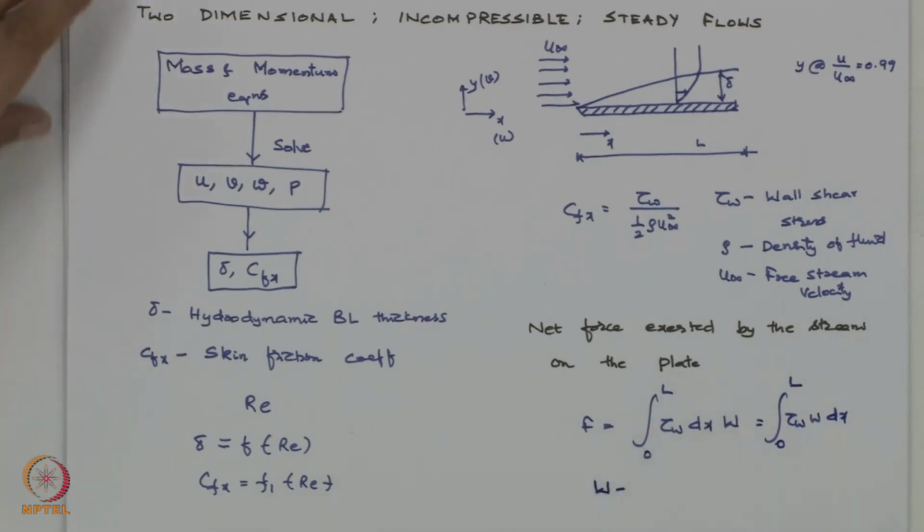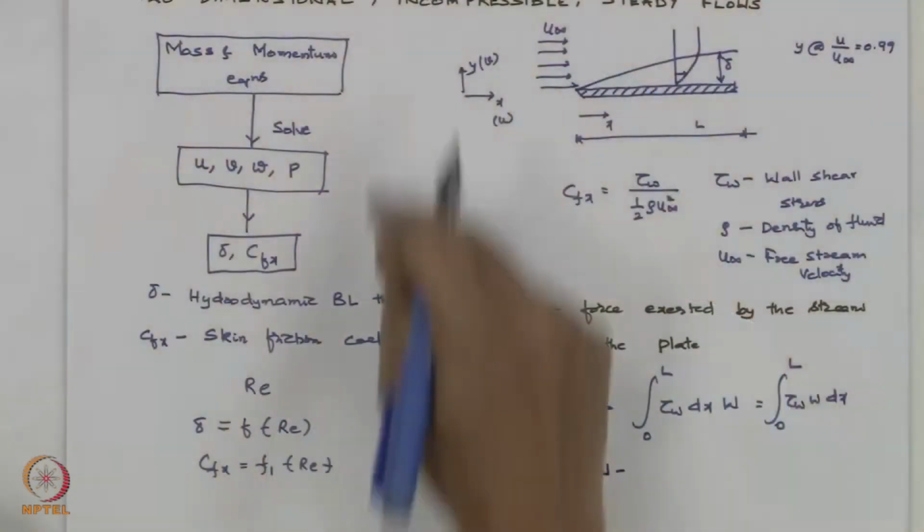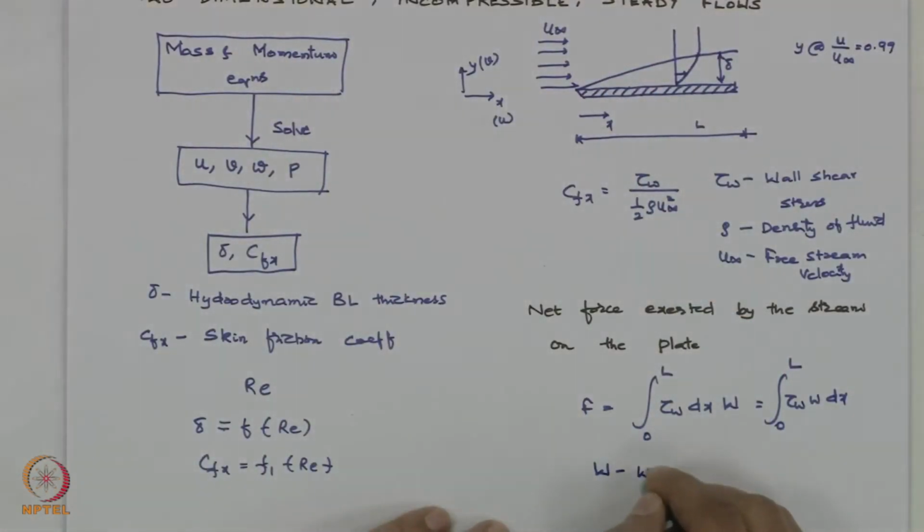W is the width of the plate. If this is my plate, this is the length along which the boundary layer is varying, and this is the width of the plate.